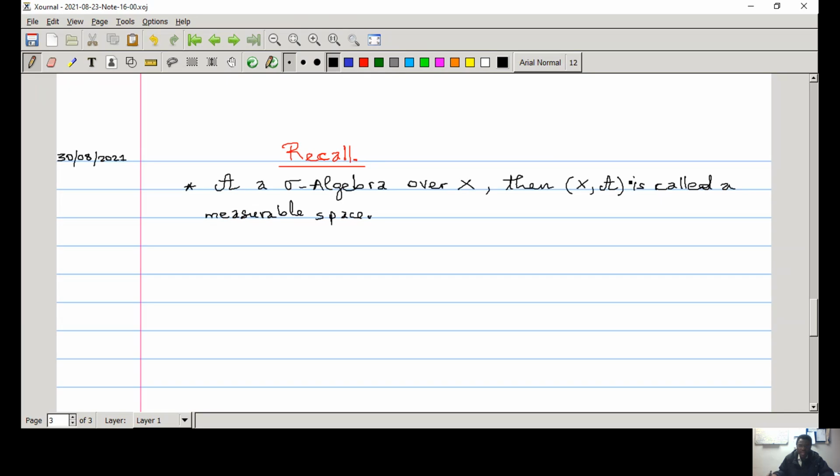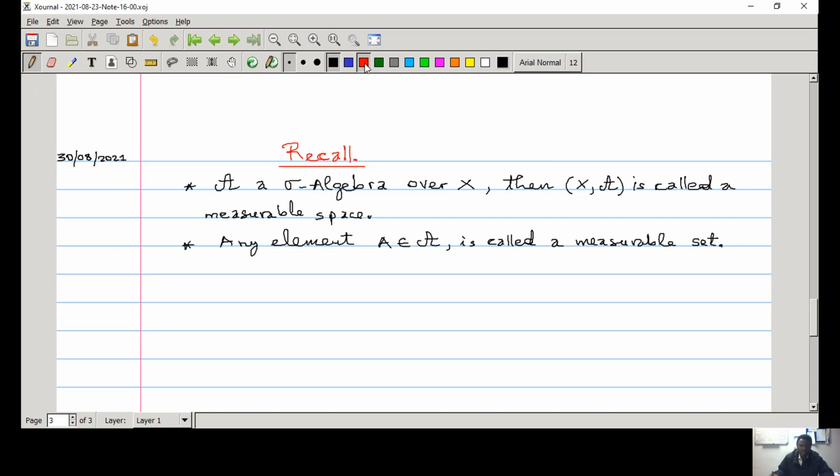And any element A in the sigma algebra is called a measurable set.